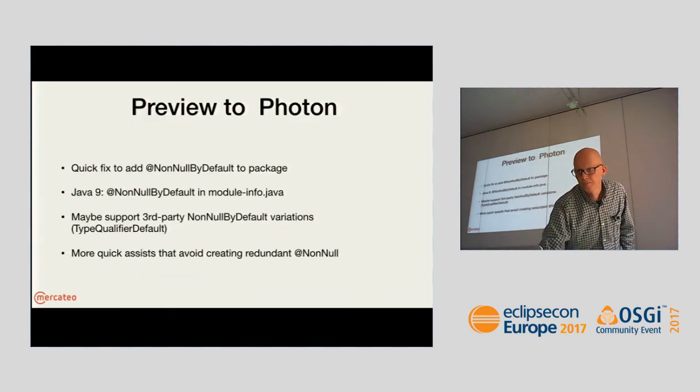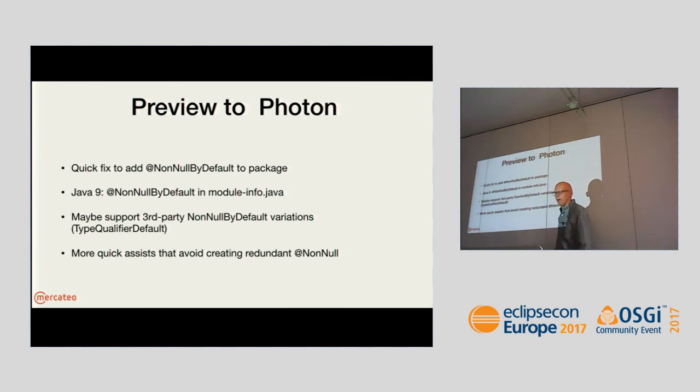A very quick preview of Photon. Now you can add non-null by default to packages, even to multiple packages at the same time, which is cool for experimenting. You can also undo it in a little change; you just have to select the package explorer for the undo. Stefan showed it. This might be obsolete again because you can put it into the module info in Java 9. It's not committed yet.